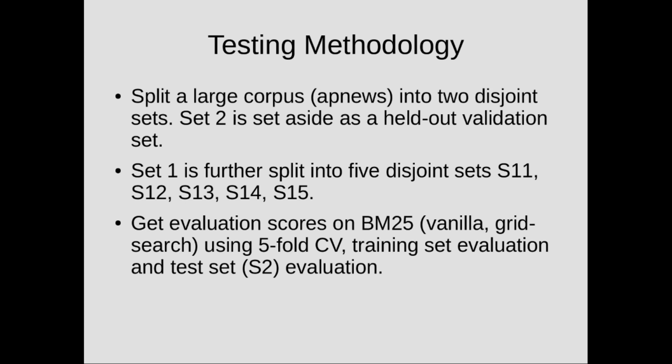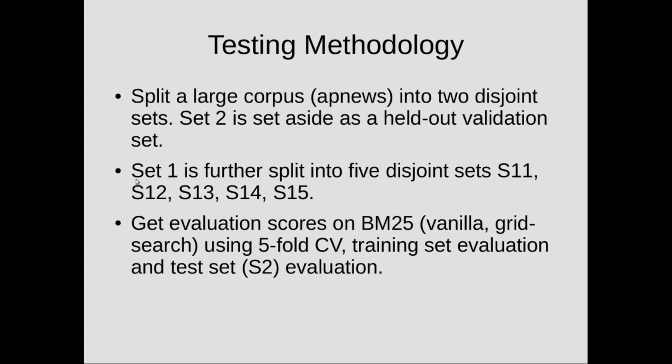So essentially what I did is first I got my hands on a very large corpus called AP News. I split it into two disjoint sets, set 1 and set 2. I put set 2 aside as a held out validation set. Set 2 is put aside completely and I'm never going to touch it again until much later.